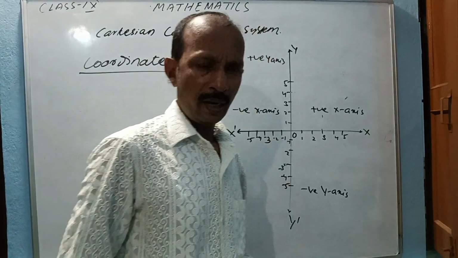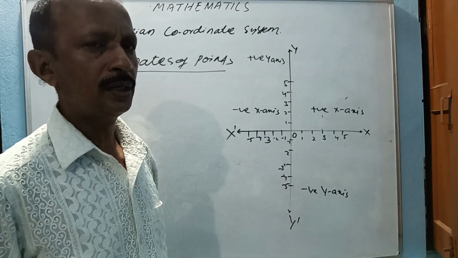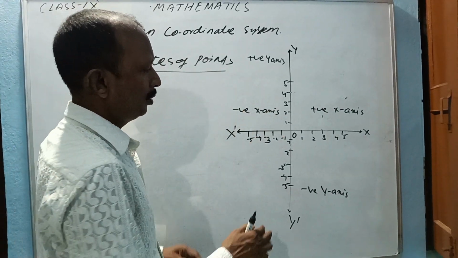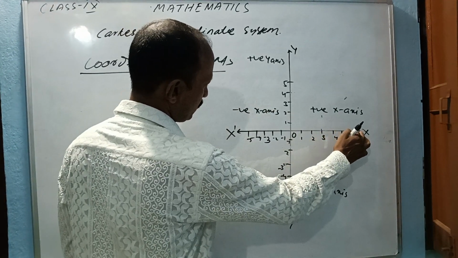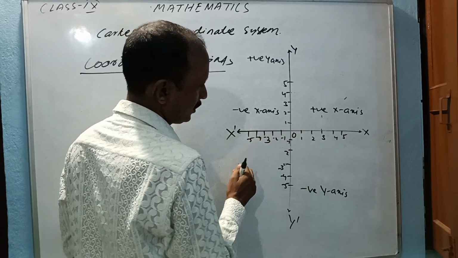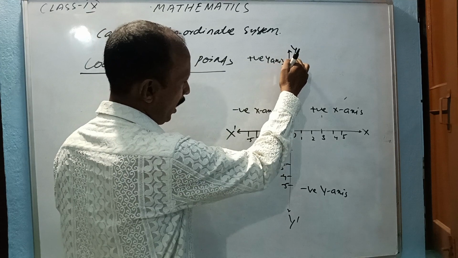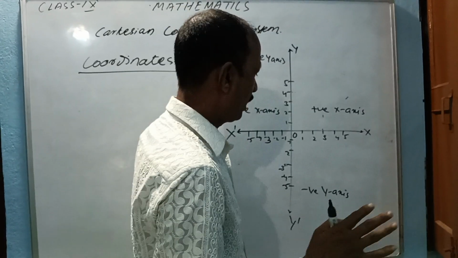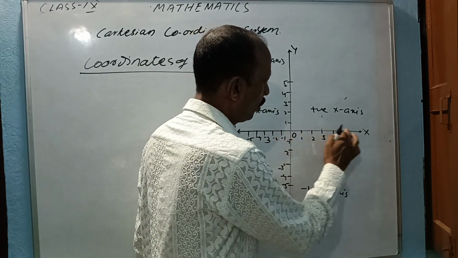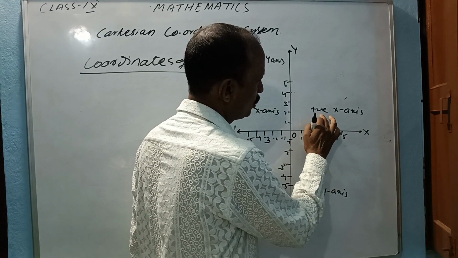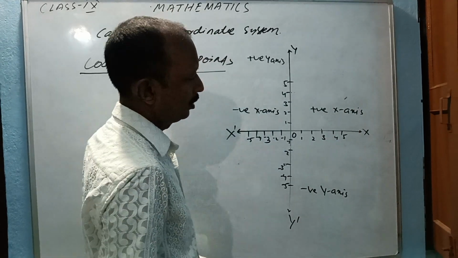Today I am explaining about the coordinates of points. In the previous class I explained this is the X'OX, this is the x-axis. This Y'OY, this is the y-axis. Or I can say that O to X towards right, this is the positive x-axis.